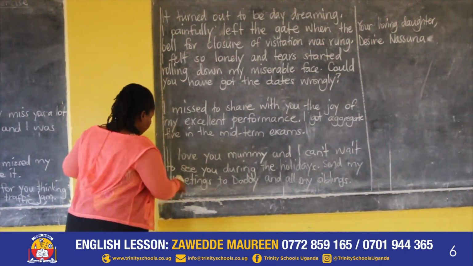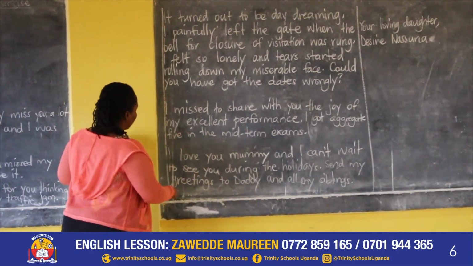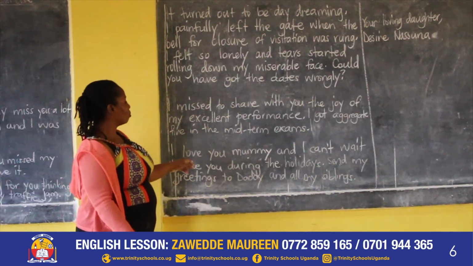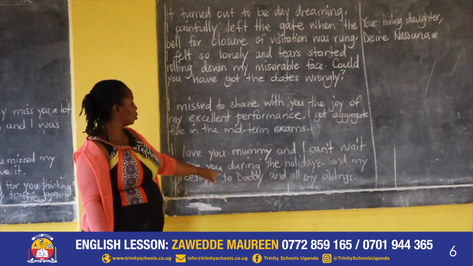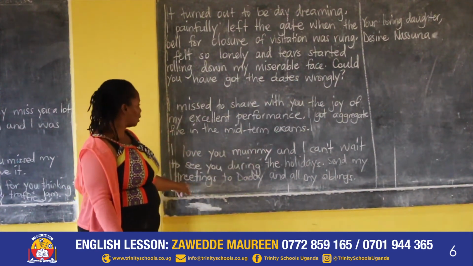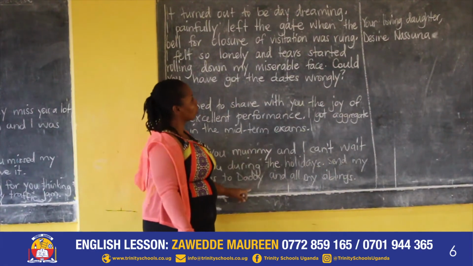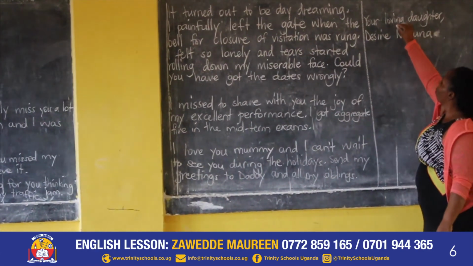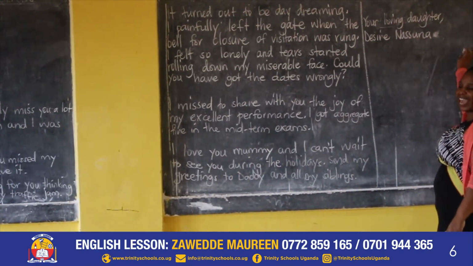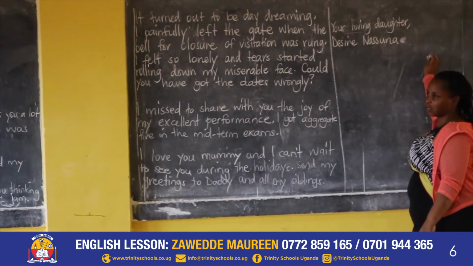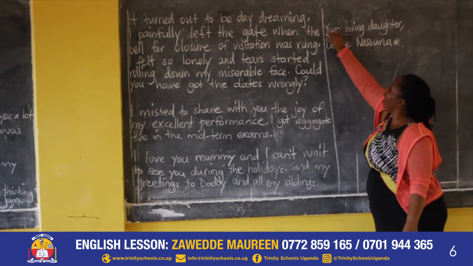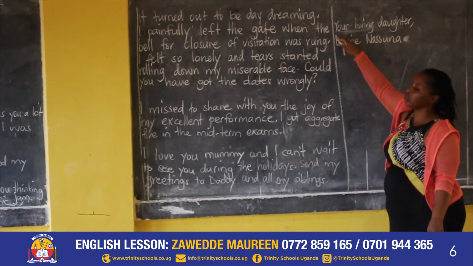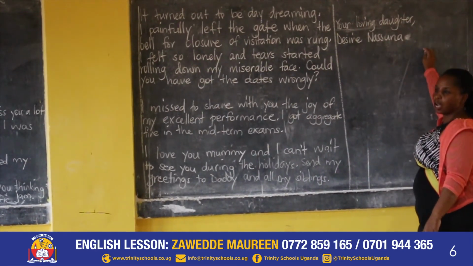I'm ending my letter, I'm ending my body with this paragraph to express how I feel about mommy. I love you, mommy, and I can't wait to see you during the holidays. Send my greetings to daddy and all my siblings. Your loving daughter. Children, when I'm making the conclusion for examination purpose, I can make my conclusion with the relationship I have with the person I am writing to.